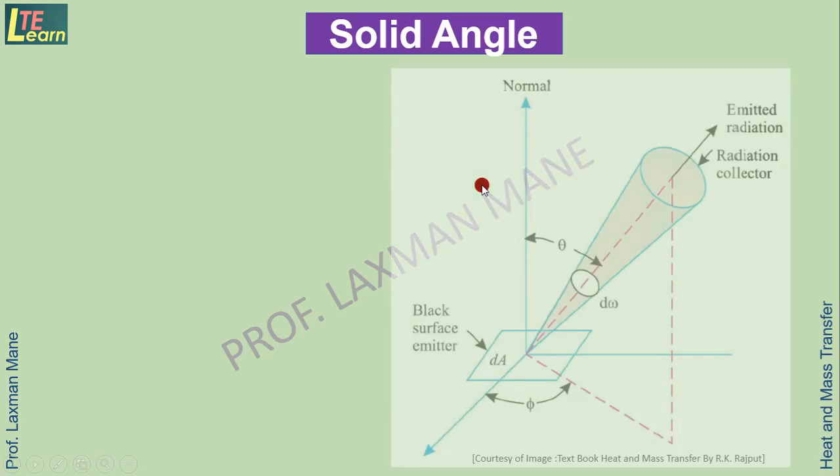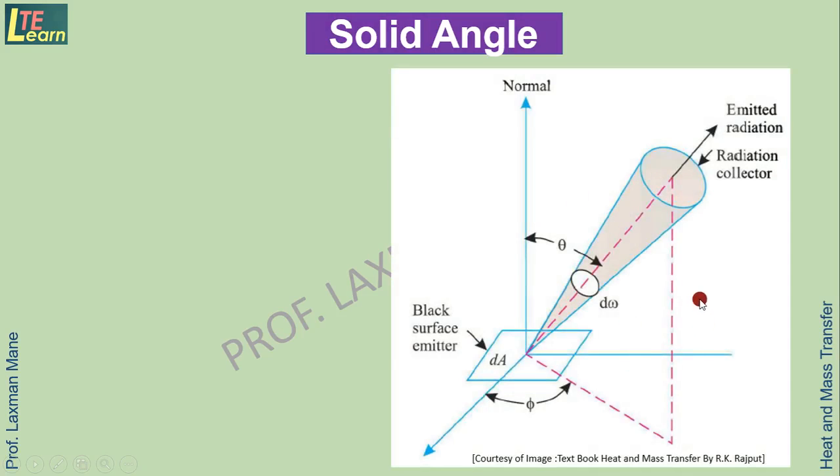Solid angle. Here in this diagram, we see the conical shaped element. This is making an angle theta at the center, that is the emitted radiation line. This is the black surface emitter having area dA.